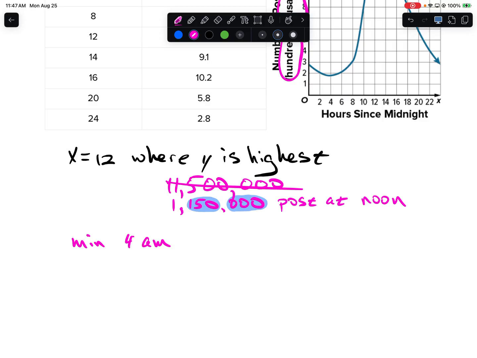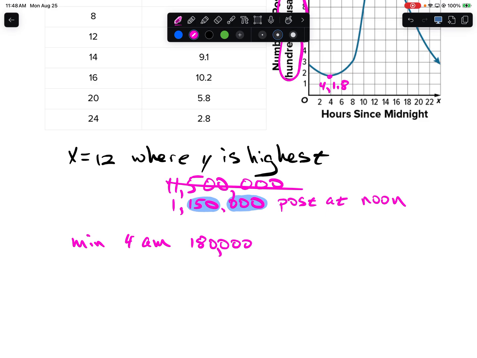It's confusing. So right here, let's say that's 1.8. So that would be 4 comma 1.8. So if you had hundreds of thousands, it's 180,000. So 180,000 at 4 a.m.